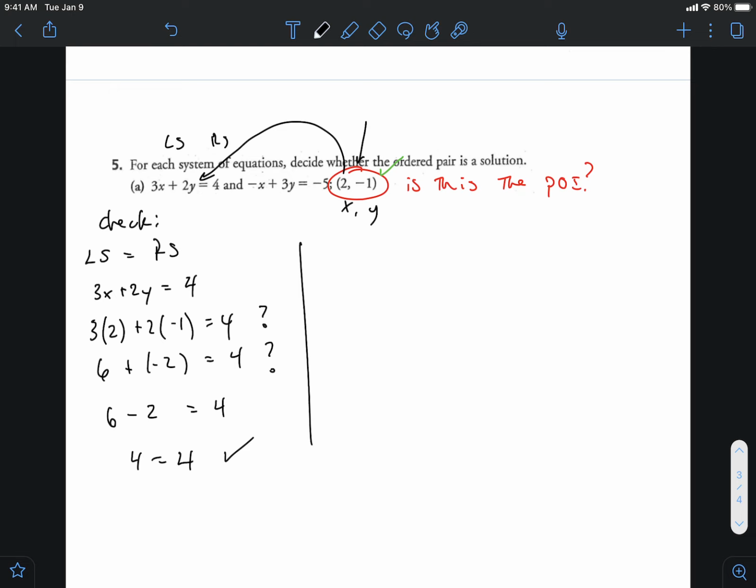Yep. I had a question for communication. Could you not just go from 6 plus -2 equals 4 to 4 equals 4? Or would you have to include... No. You could go as fast as you want. So you would have to include the line 6 minus 2 equals 4? No. Okay, again, be a little critical of how much work I show.